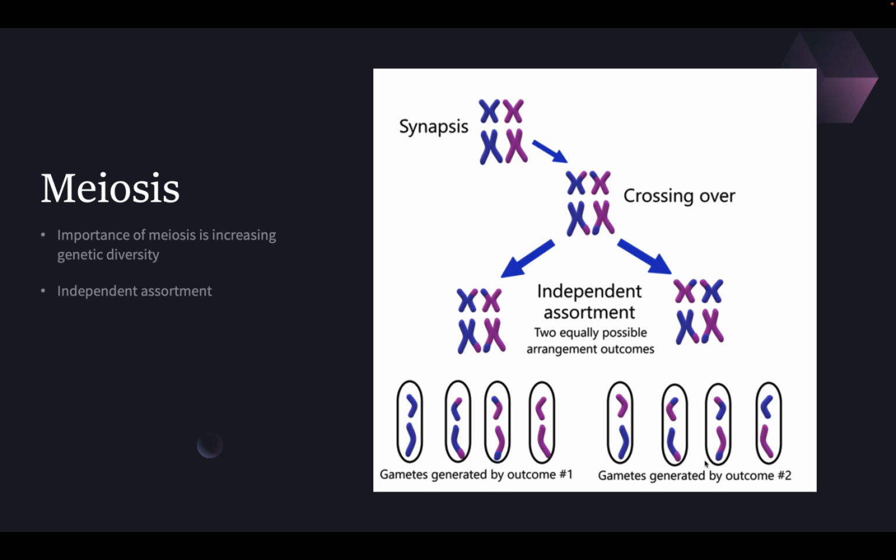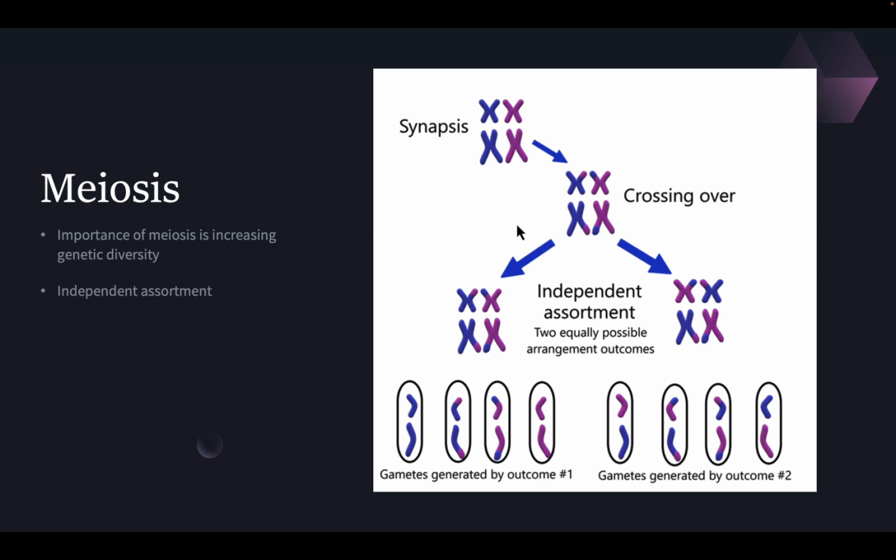The other thing that happens during meiosis is what Mendel talked about, this idea of independent assortment. So again, let's say we'll call the blue dad's chromosomes, and we'll call the purple mom's chromosomes. Let's say this is happening in your body.